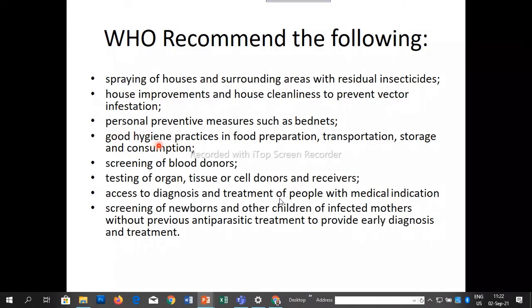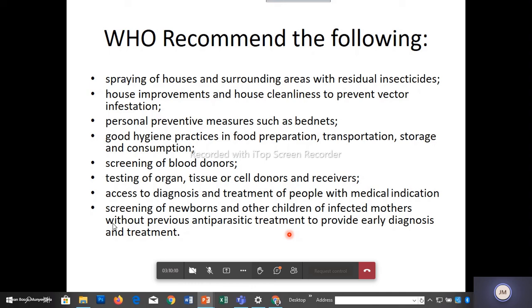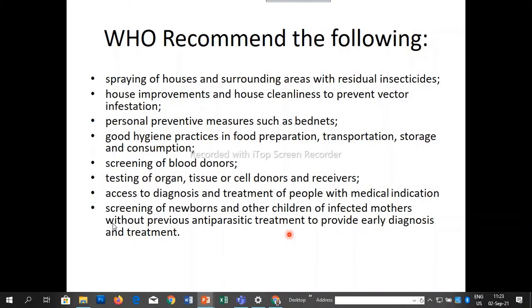Screening of blood donors, testing of organs and tissue or cell donors and recipients, access to diagnosis and treatment of people with medical indications, and screening of newborns and other children of infected mothers without previous antiparasitic treatment to provide early diagnosis and treatment. As we have seen, early diagnosis and treatment is very crucial because prognosis is very good, 100%. But if delayed, prognosis is not good.